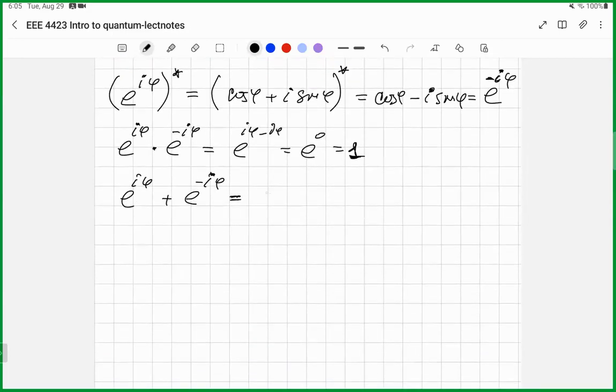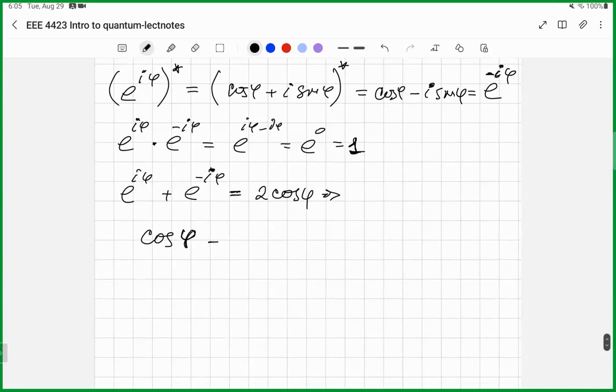It's equal to 2 cosine phi, which means that any cosine function, like quite often we represent a voltage or current or the field strength as a function of sine and cosine, can be represented as the sum of the two exponential functions, e to the power of i phi plus e to the power of minus i phi, over 2. This is a pretty important formula.